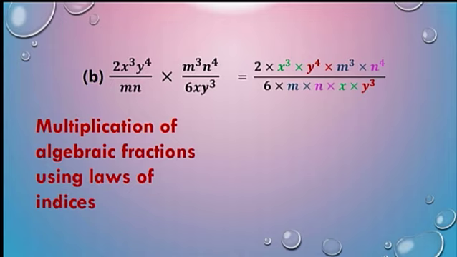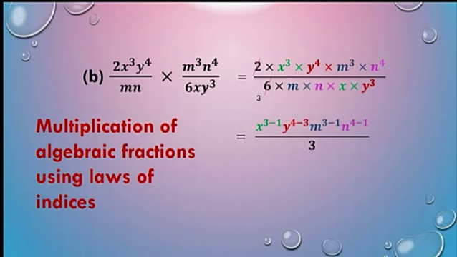But first, let's have a look at the integer values. Concerning the integer values, we can divide by 2. Then, using the division law, you're going to subtract 1 from 3. Then, concerning y, 4 minus 3 as power, because in the numerator you have y power 4 and in the denominator you have y power 3.